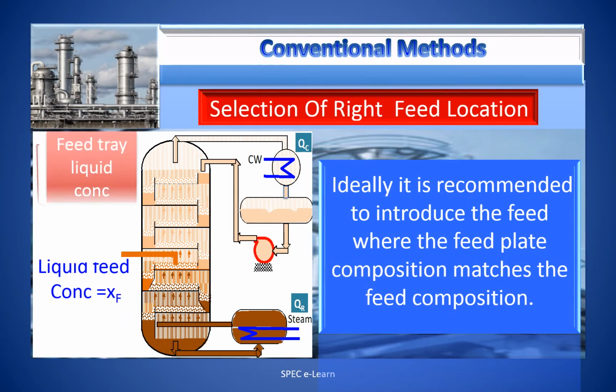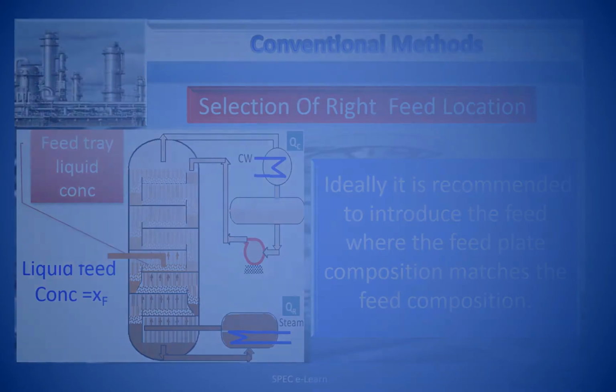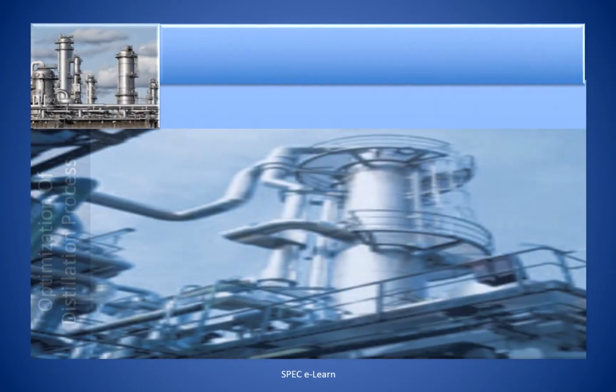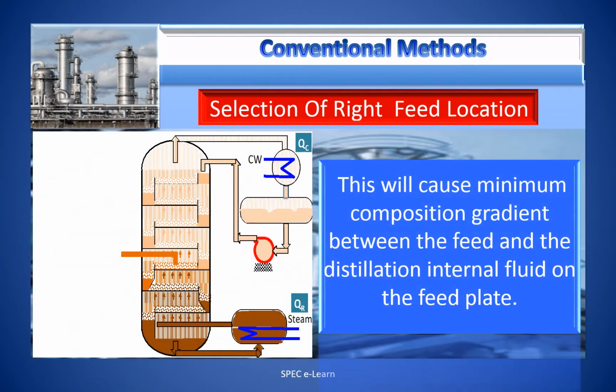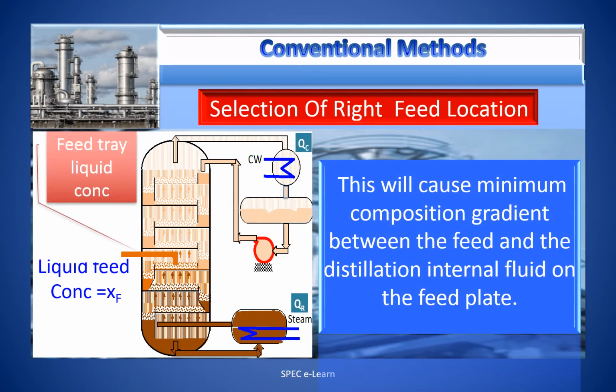Ideally, it is recommended to introduce the feed where the feed plate composition matches the feed composition. This will cause minimum composition gradient between the feed and the distillation internal fluid on the feed plate.